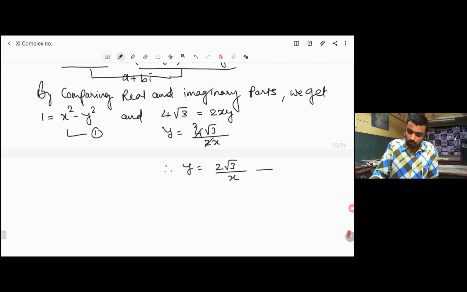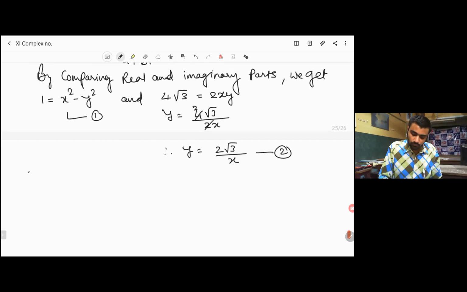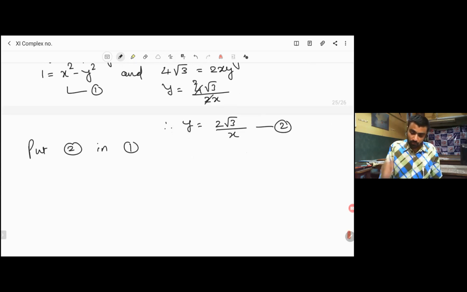Now you just put this y value in equation number 1, that is, put 2 in 1. This becomes 1 is equal to x square minus, instead of y, put 2 root 3 upon x whole square.